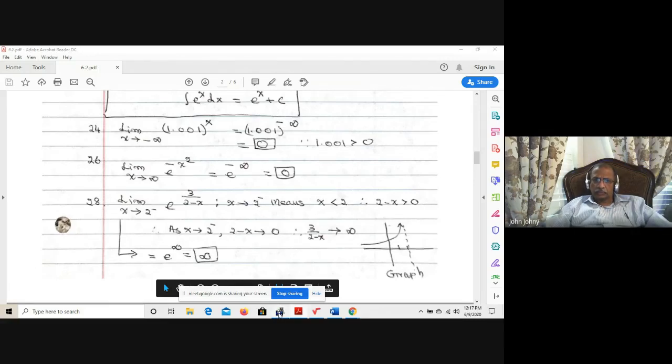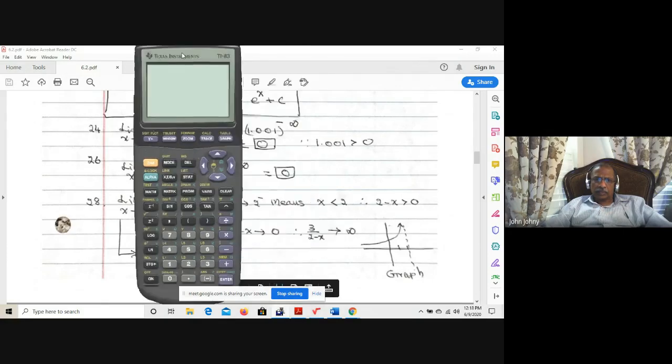I will show you how to graph it. Here is the graph. So this is the approximate graph of that.